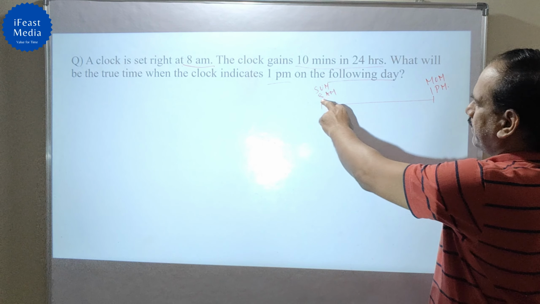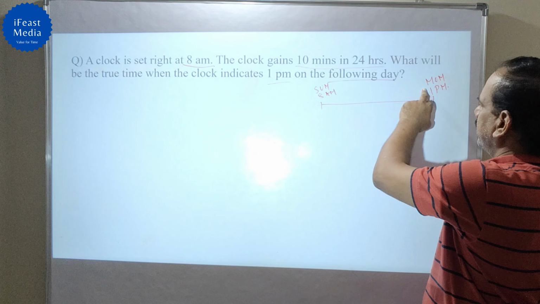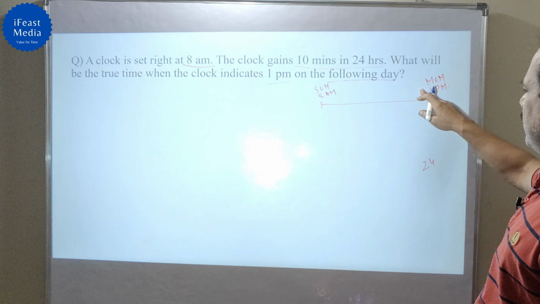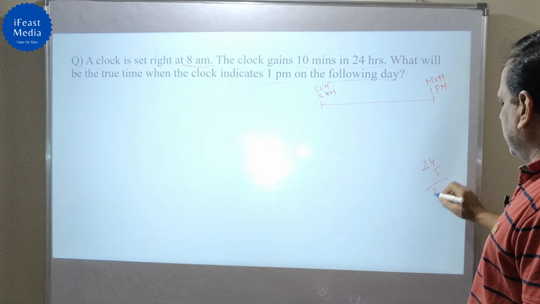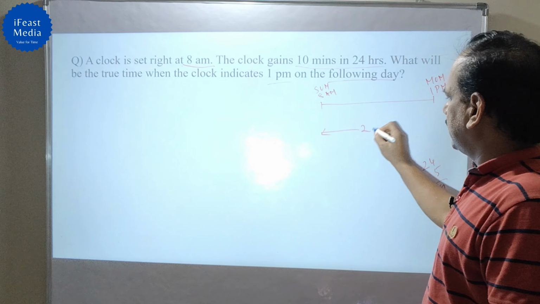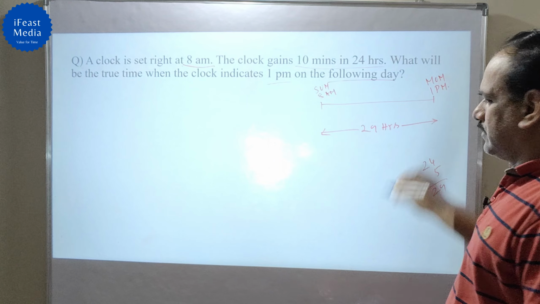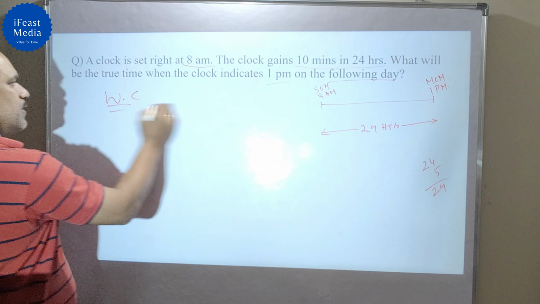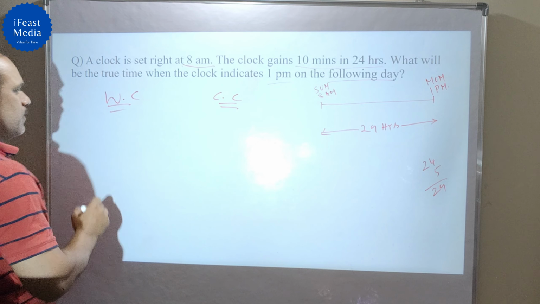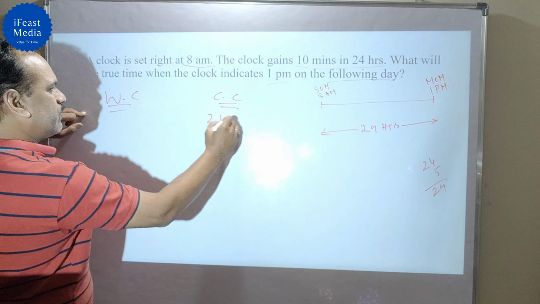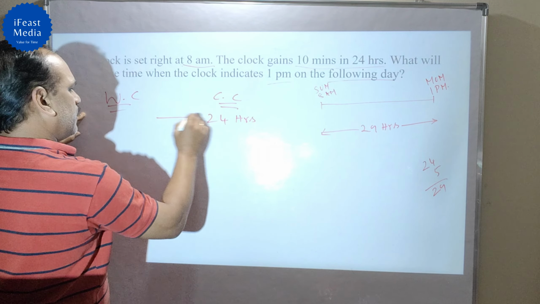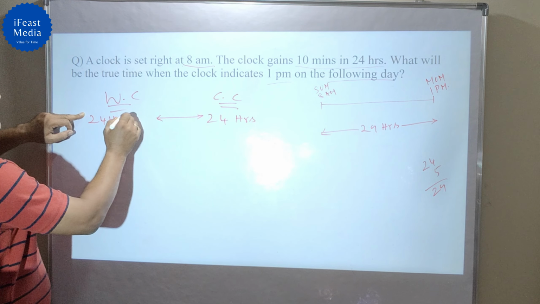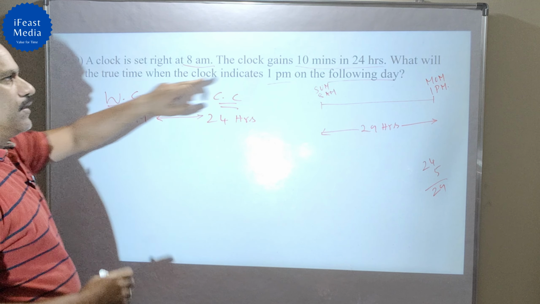Right? From morning 8 a.m. Sunday to next day morning 8 a.m. it will be 24 hours, and morning 8 a.m. on Monday to 1 p.m. it is 5 more hours, 29. So the total duration is 29 hours. Now we have wrong clock and correct clock. When it is showing 24 hours in the correct clock, it is equivalent to 24 hours 10 minutes in the wrong clock.